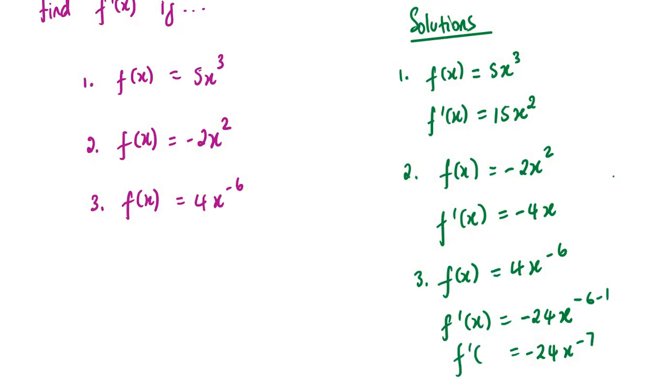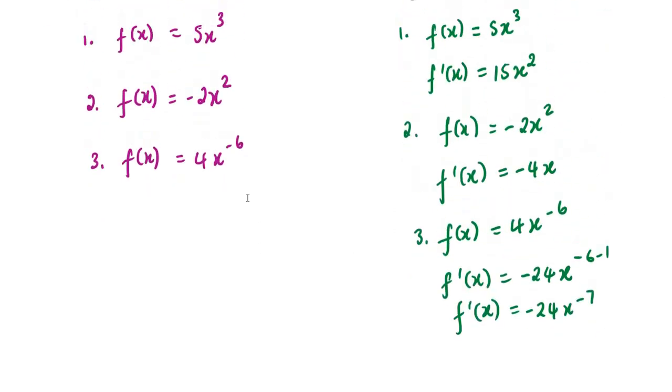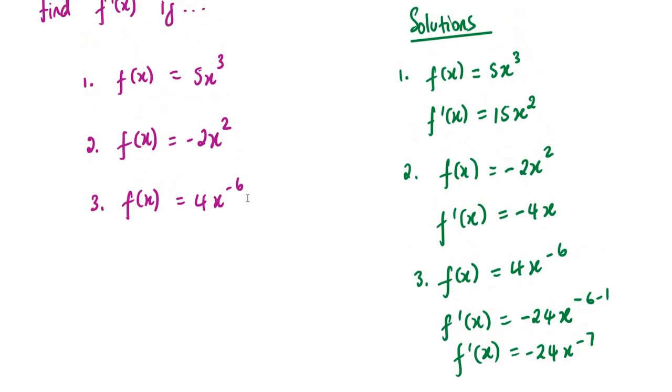Then this would be your derivative. Quite nice and easy. Hope you got it, guys. Remember, the rule just says multiply the exponent with the coefficient, then you subtract 1 from the exponent. Now, let's go to the next ones.